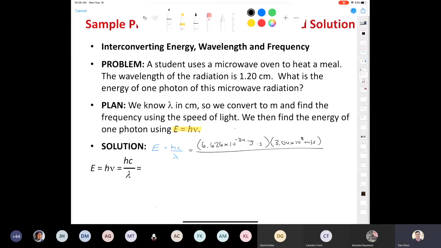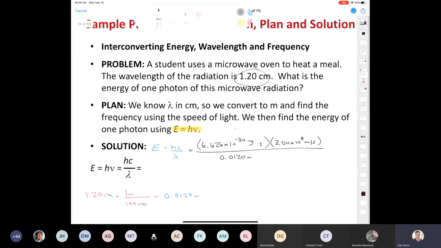In 1 meter, there are 100 centimeters, so the centimeters cancel out and I end up with 0.0120 meters. Now I plug that into my equation. I should have 3 sig figs in my final answer.